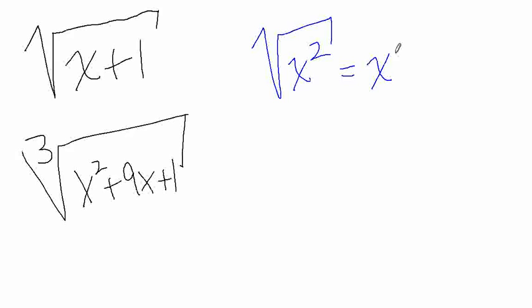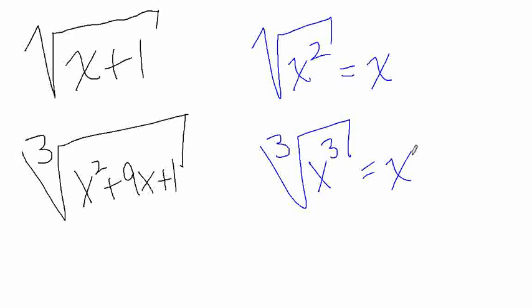Remember what I said about not being able to take the square root of negative numbers? So to avoid that whole side issue, we'll just assume that the variables in the expressions I'm going to be talking about only take on positive values. All right, so the square root of x squared is equal to x. The cube root of x cubed would be x, because x to the third power is equal to x cubed. See how that works? Okay.